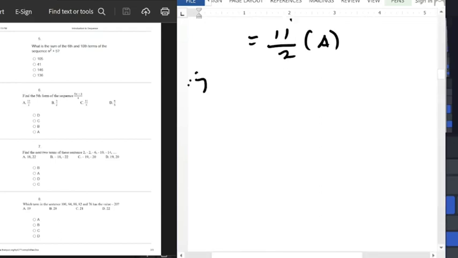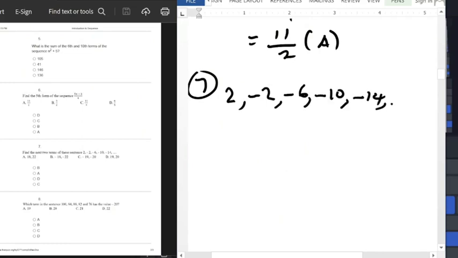Number 7. Find the next two terms of the sequence 2, minus 2, minus 6, minus 10, minus 14, and so on. The difference is T2 minus T1, which is minus 2 minus 2, which is minus 4.